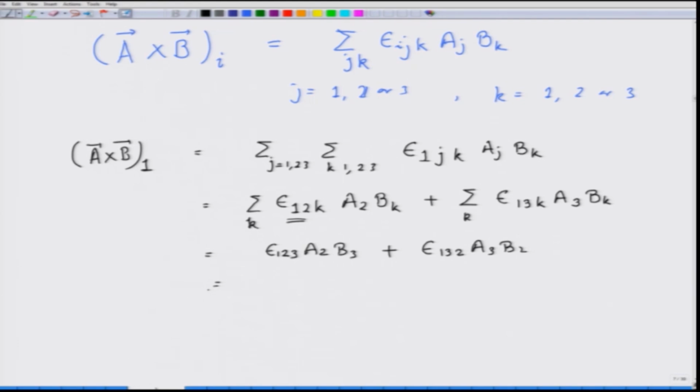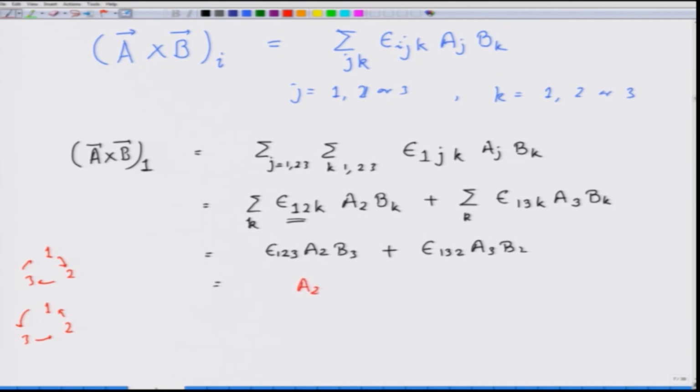Now, 1 2 3, let us make again our linear combination, the clock 1 2 3. If I go this way, it is 1. If I go this way, it is minus 1. So, epsilon 1 2 3, I am going clockwise, so it is going to be 1.